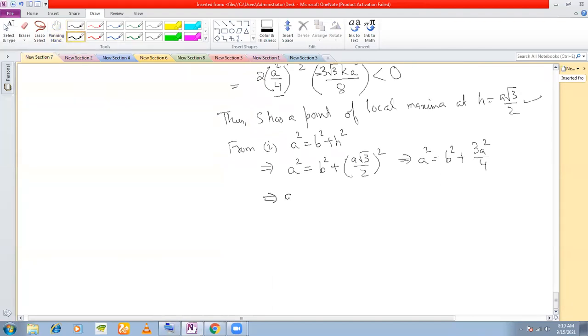That means a square minus 3a square by 4 is equal to b square, so b square is equal to a square by 4. That means b is equal to a by 2.